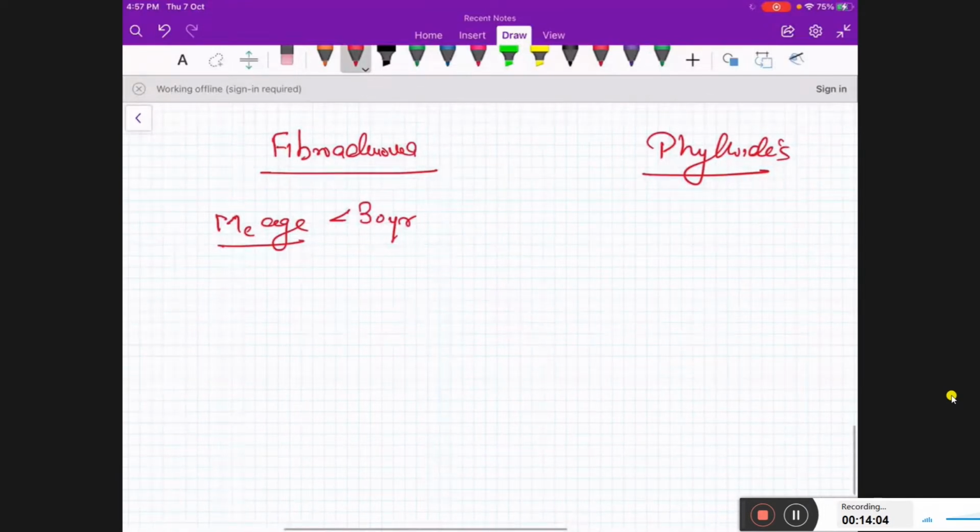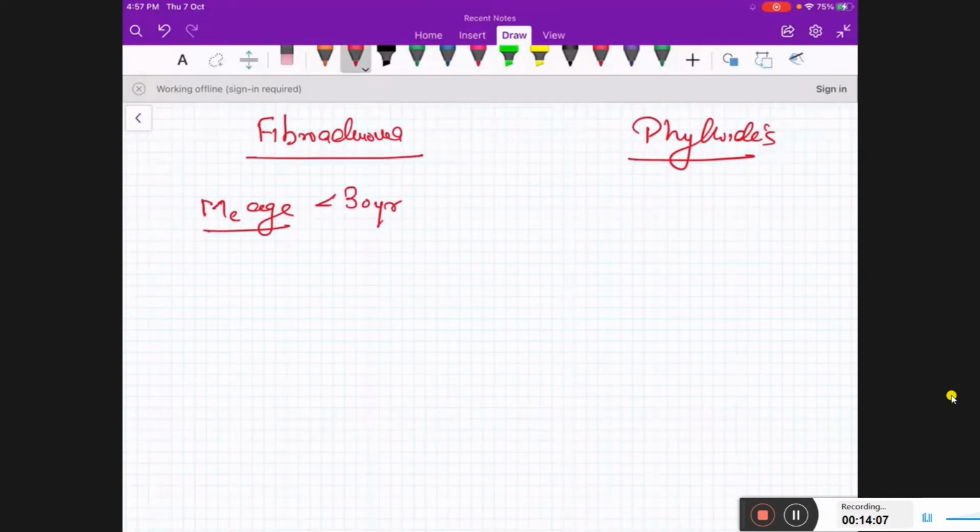Now, in case of phyllodes tumor, the age of presentation can be a young female or a female of more than 50 years. So it is quite possible that in a given question, you are provided with the profile of a phyllodes tumor, because a phyllodes tumor presents at less than 30 years of age also.